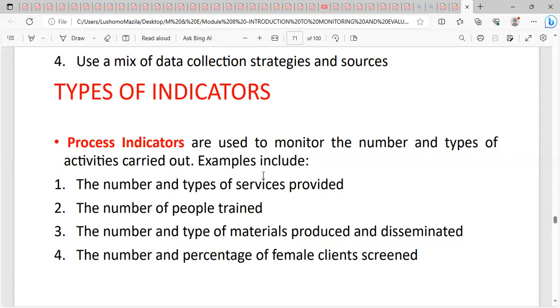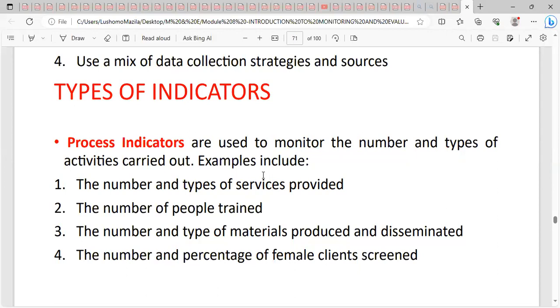Each of those levels of monitoring and evaluation may need an indicator. The types of indicators start at the activities or the processes. So this is where the process indicators are coming in, the second level in monitoring the activities.